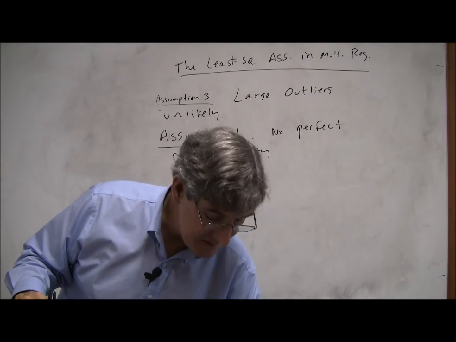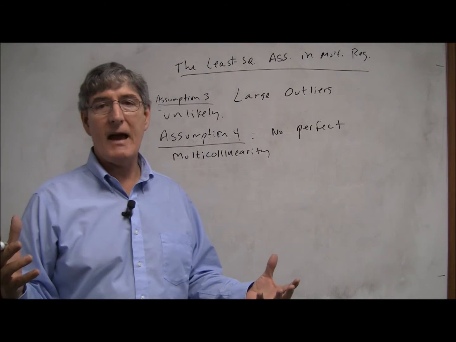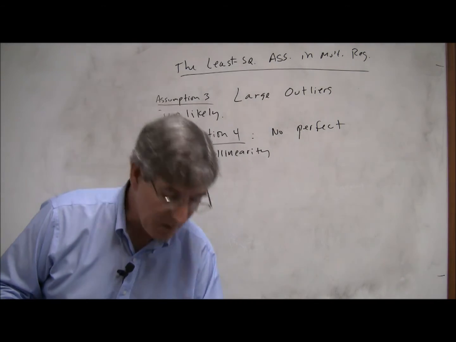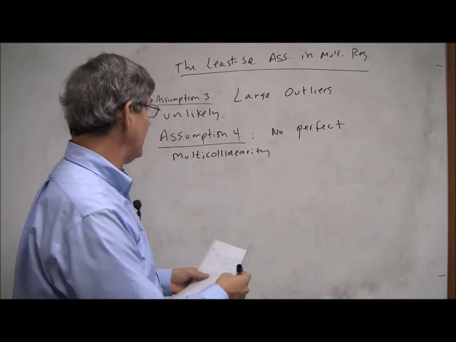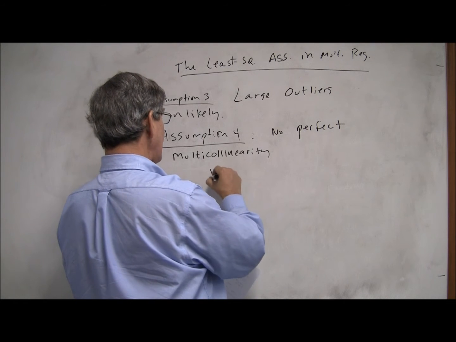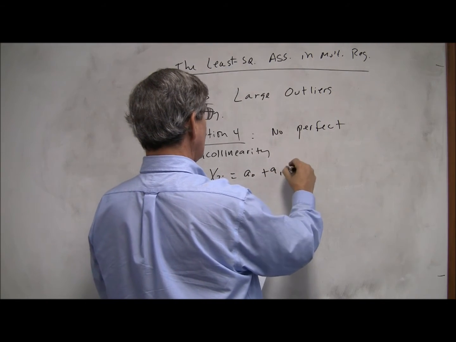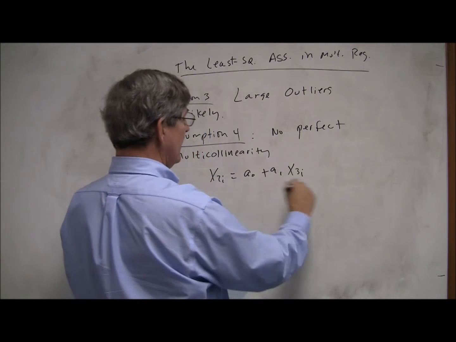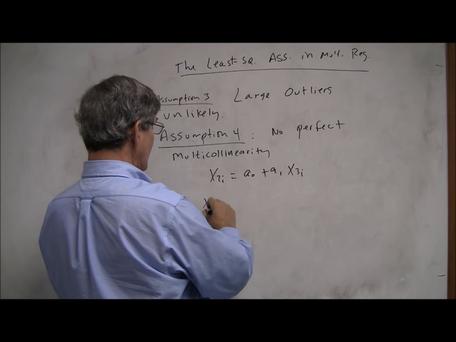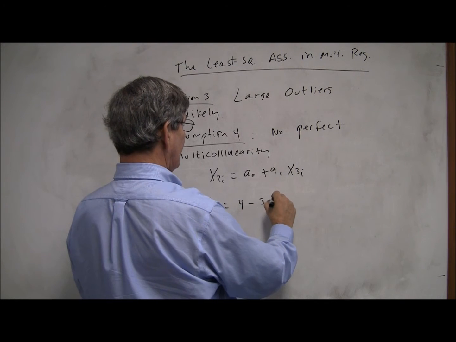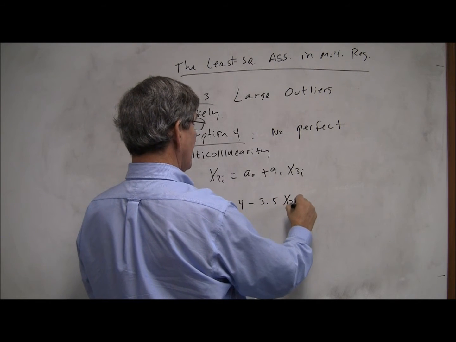What that means is two of the variables can't be perfectly correlated. I can't write one variable as a perfect linear combination of another. For instance, if I can write x_2i is a_0 plus a_1 x_3i, no error or anything, that's an exact relationship, maybe x_2i is 4 minus 3.5 times x_3i.